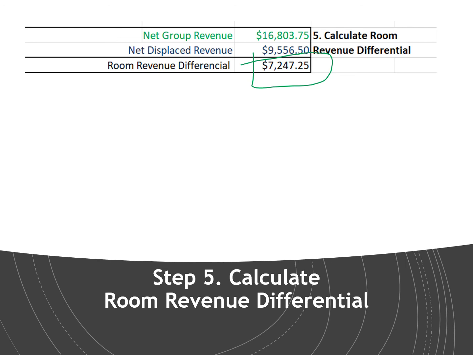Okay, we would have a $7,000 profit. We'd be giving up that $10,000 in the displacement, but the group is bringing in almost $17,000. So that's how this room revenue differential works.